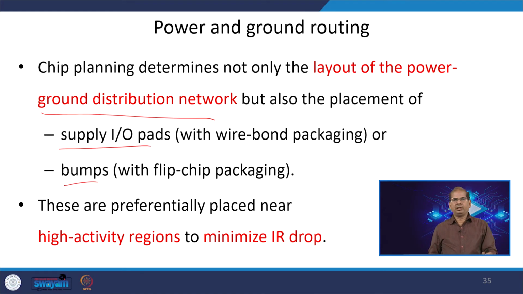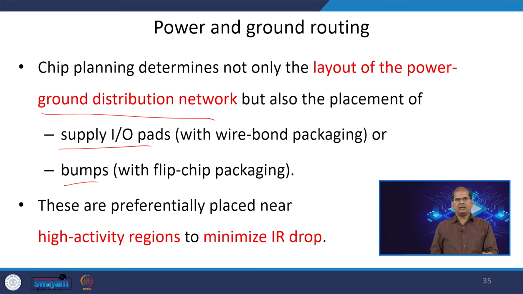There are multiple ways of packaging. You can have pads inside the chip for wire bond packaging, or you can do QFN, or you can do flip chip packaging. Depending upon that, how we do the IO placement is also included in power and ground routing.